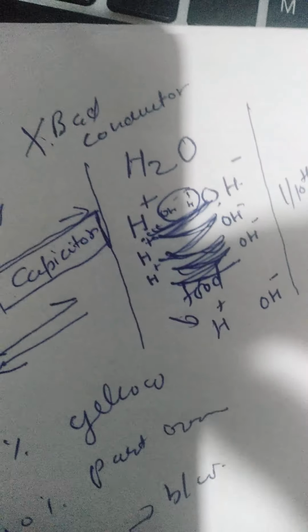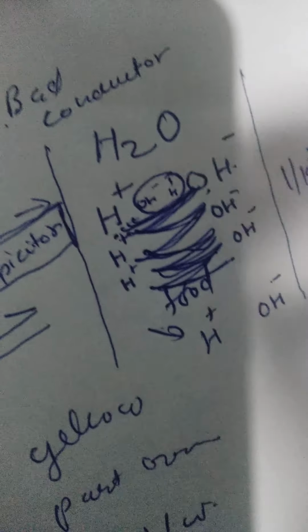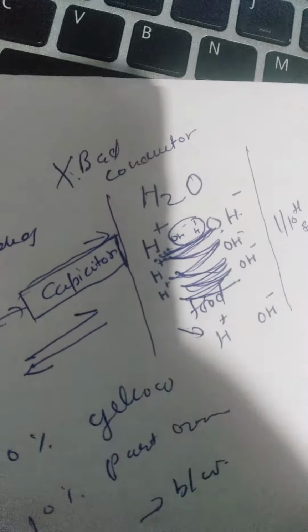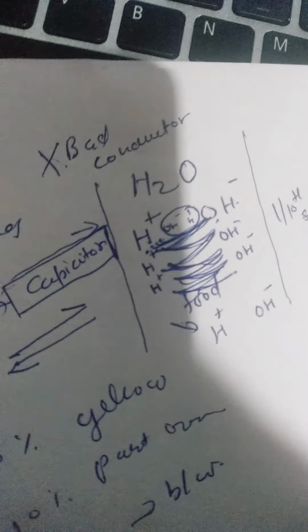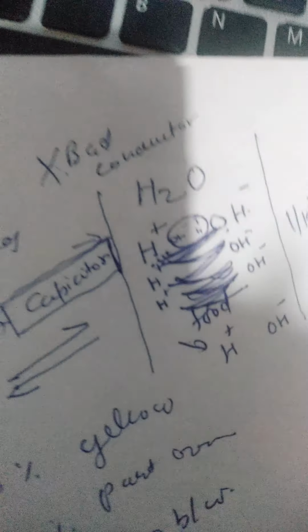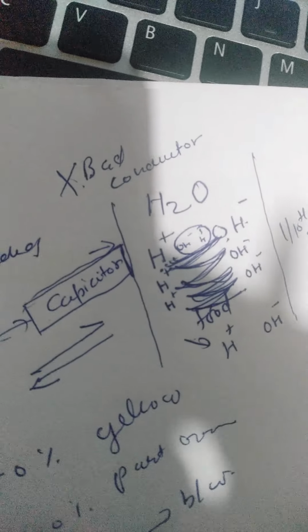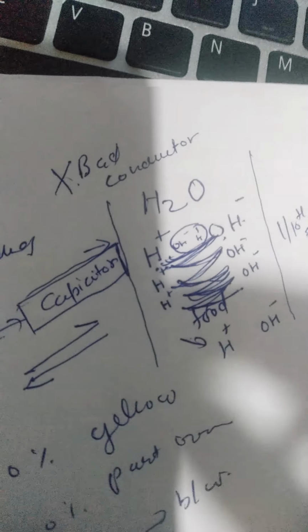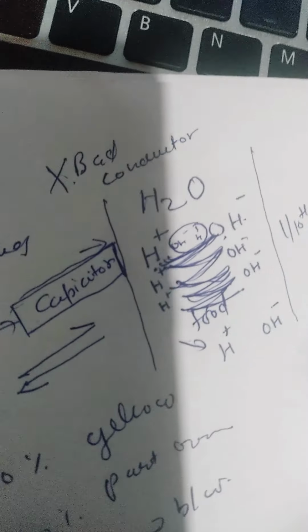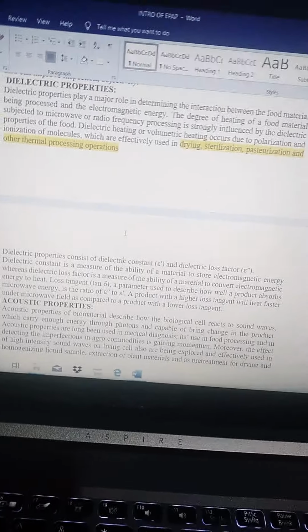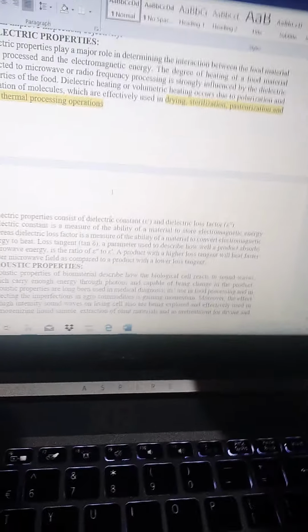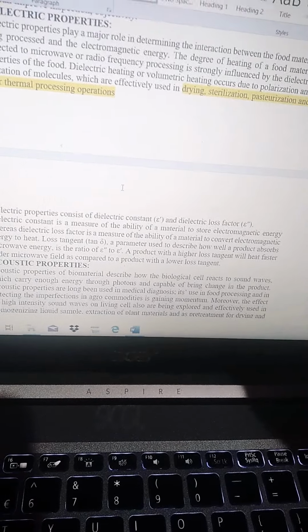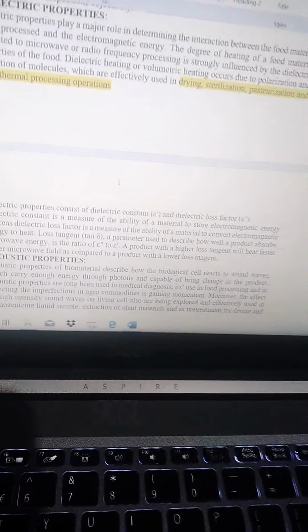So heat is generated within the food material, meaning we don't need to supply heat externally, just like we supply heat with gas burners. So where can we use these properties? Dielectric properties can be used for drying, sterilization, pasteurization, and thermal processing. How?